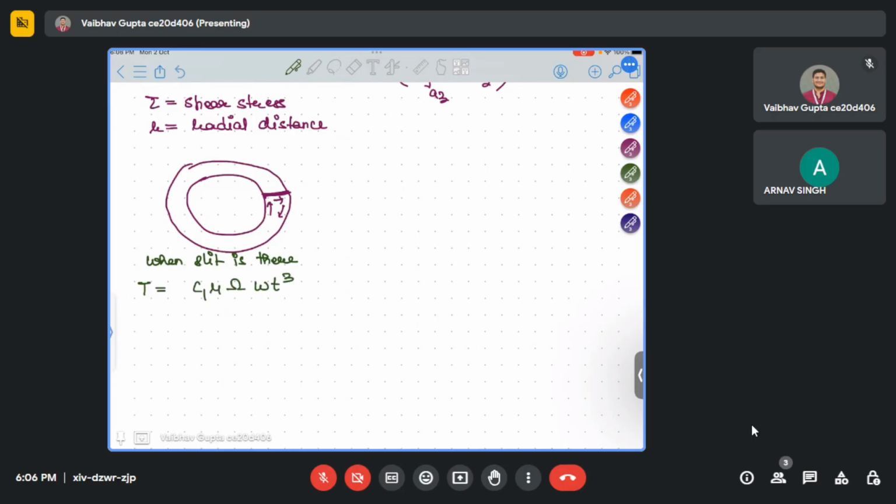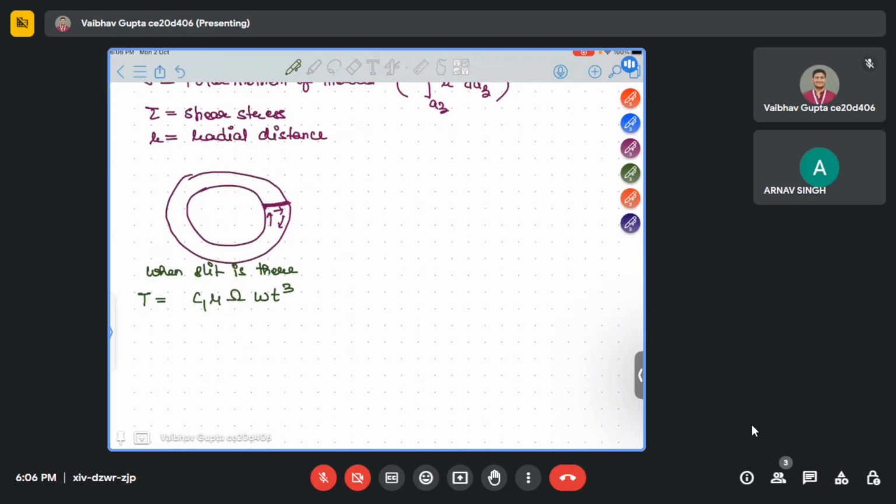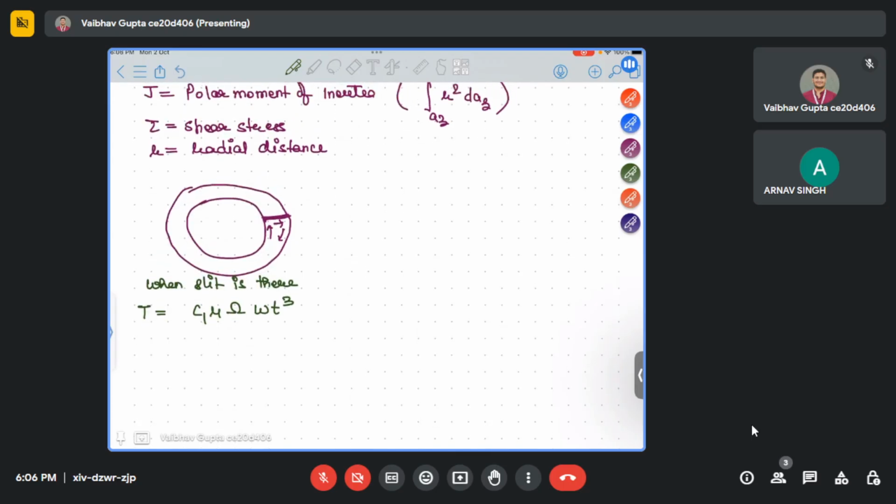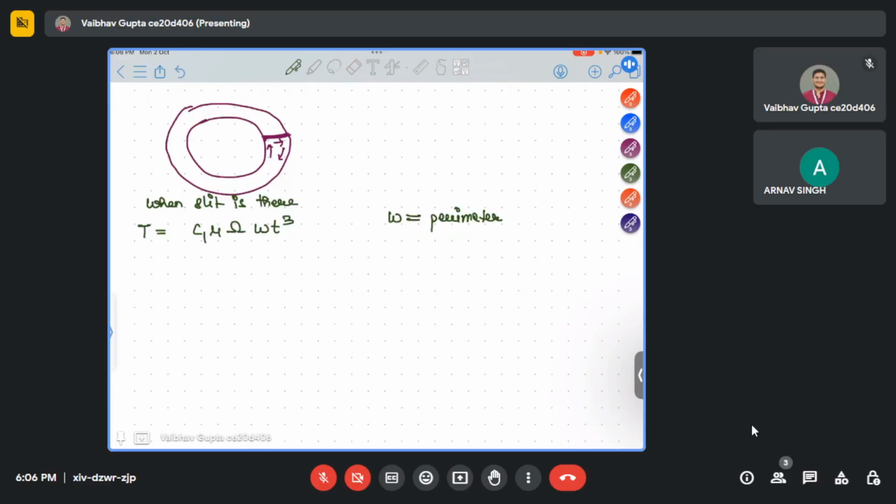C1 is a constant, mu you already know as shear modulus, omega is angle of twist per unit length, and W is the perimeter of the mean line.